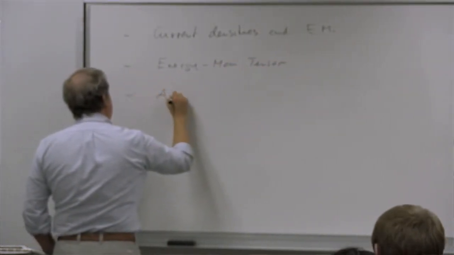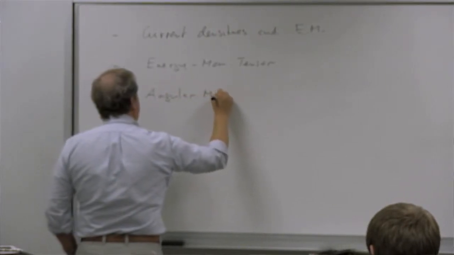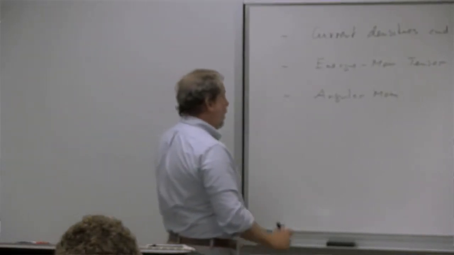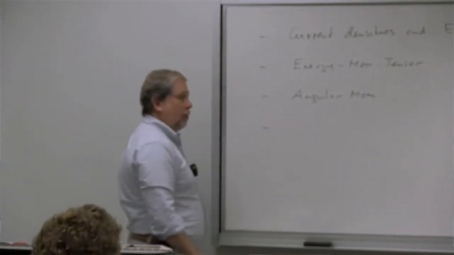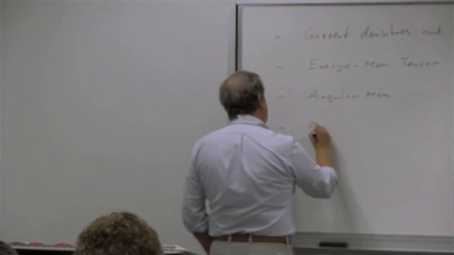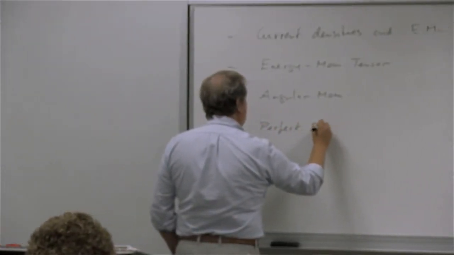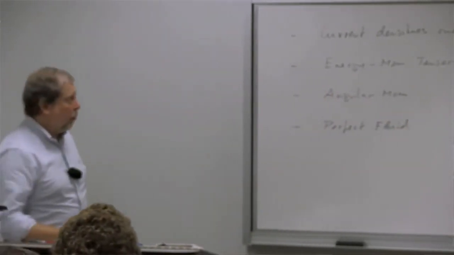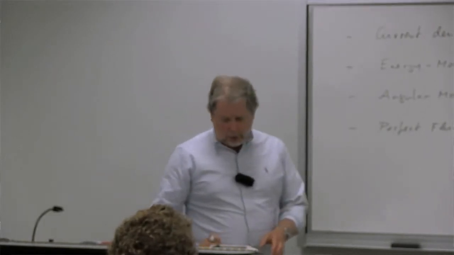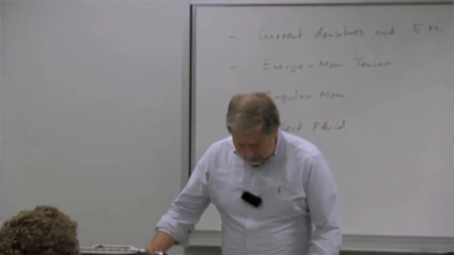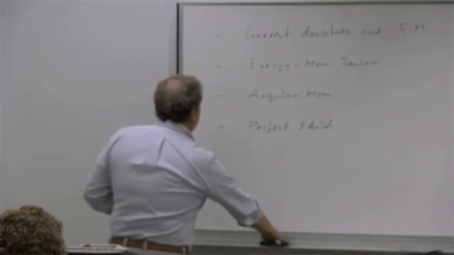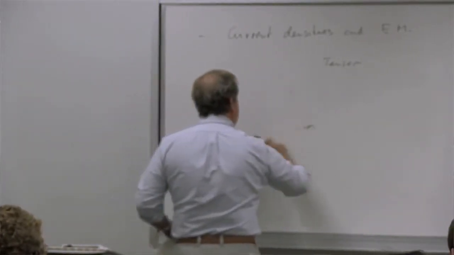Then angular momentum, which comes out of this. And then the last topic we're going to talk about in special relativity is the perfect fluid, which is kind of unrelated to the first three things, but the perfect fluid is important if you want to do any sort of simple cosmology. It's usually the type of matter that is brought in. So let's get started first on the current density and electromagnetism part.